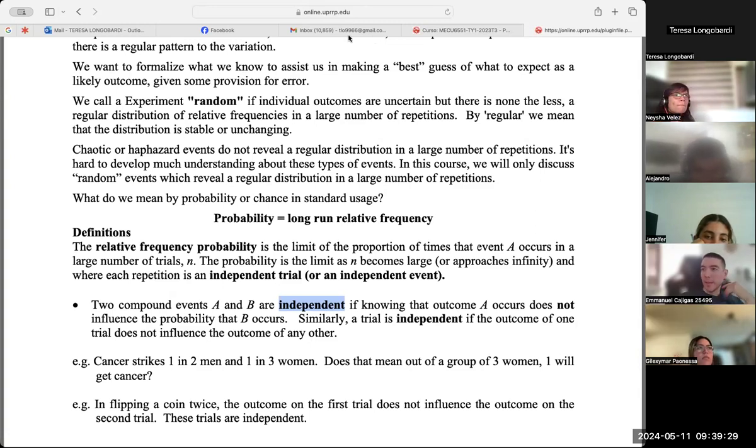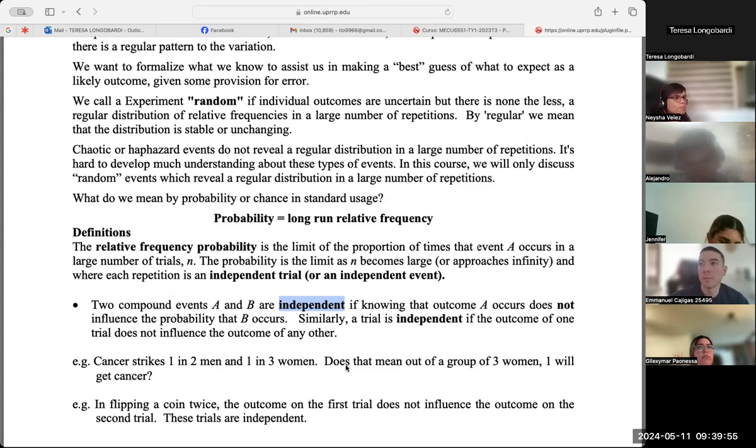Well, it's already in there. The fact that one event does not affect the other event, no matter how many times it happens. So just to be specific, the point is that the fact that it was head on 10 trials doesn't affect the probability of a head on the subsequent trial.